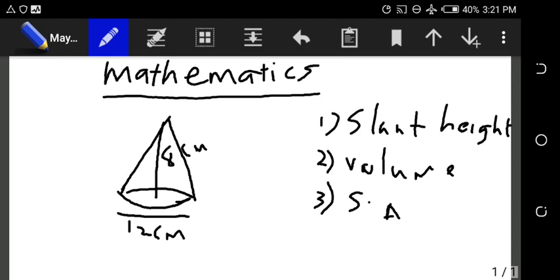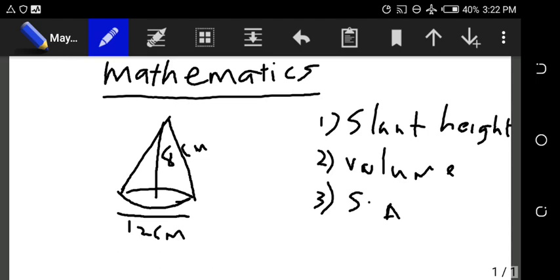So the cone under consideration has a base diameter of 12 cm and a height of 8 cm. We have to use the given information to calculate the slant height of the cone, the volume of the cone, and the surface area of the cone. Get the question? A cone is 8 cm high and has a base diameter of 12 cm. Calculate the slant height, the volume, and the surface area.